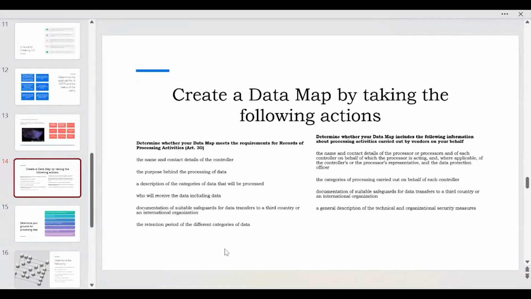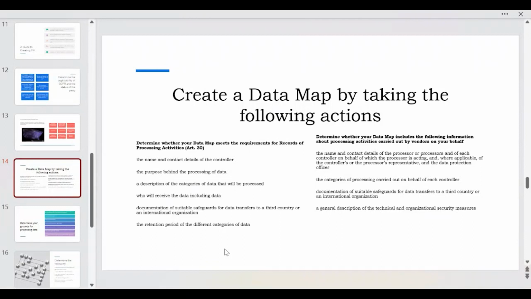Whether it is the name and the contract, the purpose behind it, the description of categories, who will receive the data. Then determine whether your data mapping includes information like names and details of the processor or sub-processors, the categories of data which the processor is processing on behalf of the controller, and documentation of suitable safeguards of data transfer to a third country.